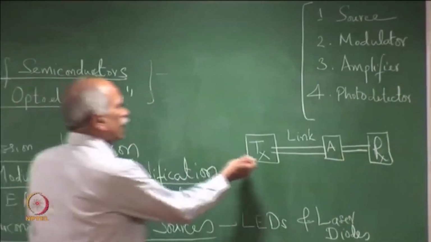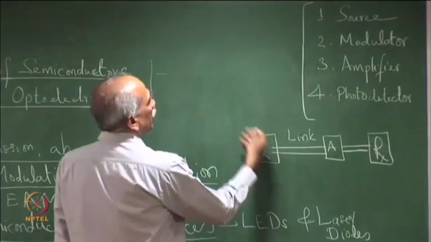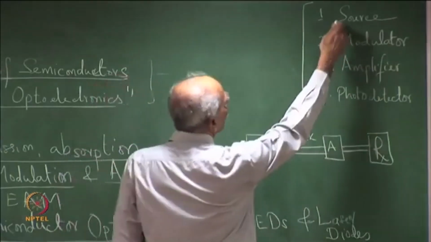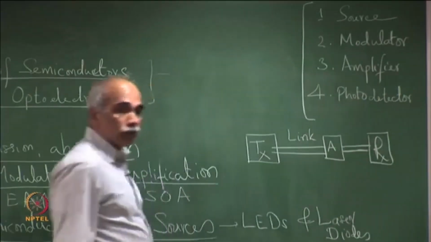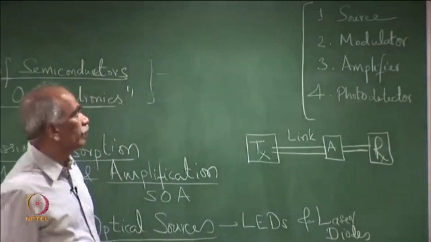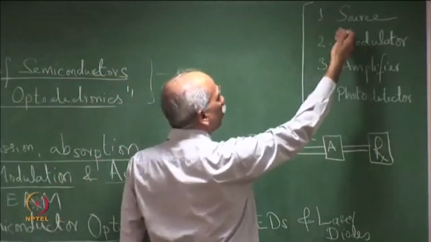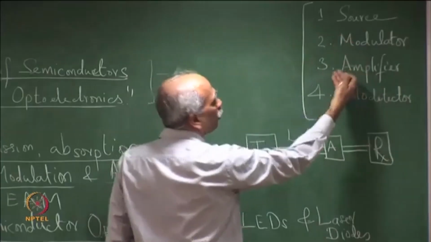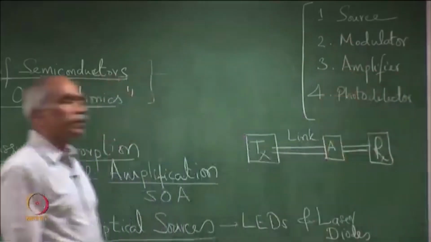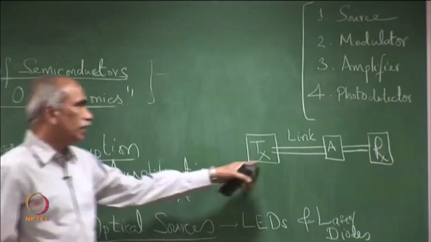The transmitter, apart from the electronic circuitry, comprises a source, an optical source in optical communication, and a modulator, and there could be a power amplifier which boosts the power at the transmitter itself.